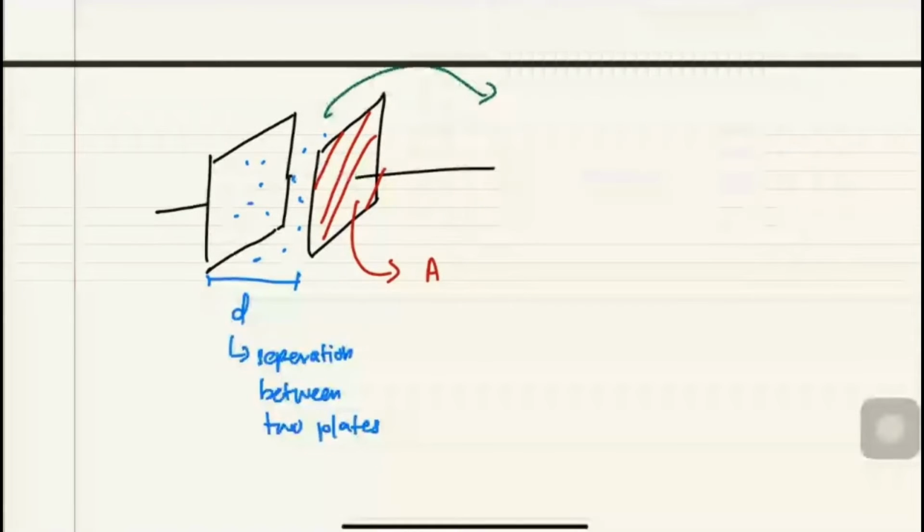This is your epsilon. Epsilon is the dielectric material.